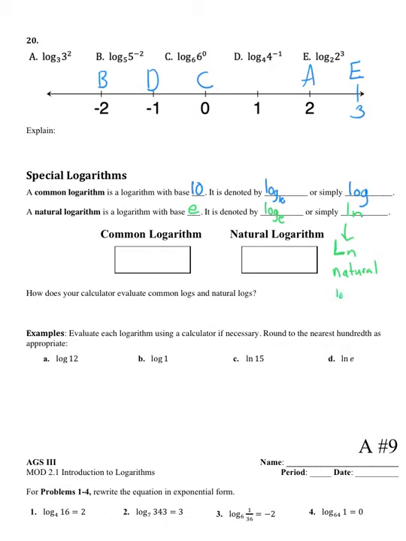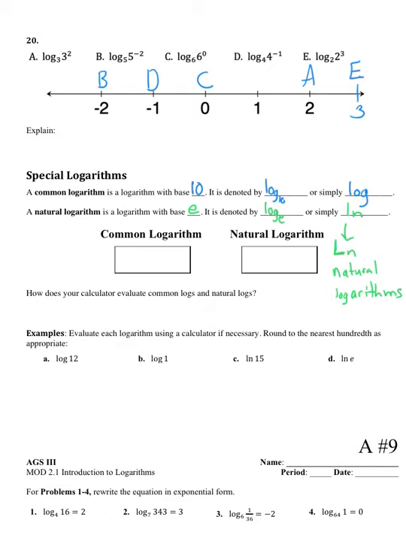Logarithms were not invented by someone that spoke English, so that's why it looks like ln and not nl for natural log. But those are the buttons on your calculator. There is a log button over here and a natural log button, and the log button is base 10 and the natural log button is base e. So that is true for your calculator.